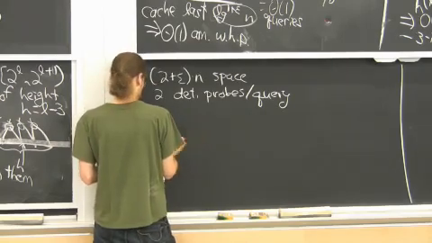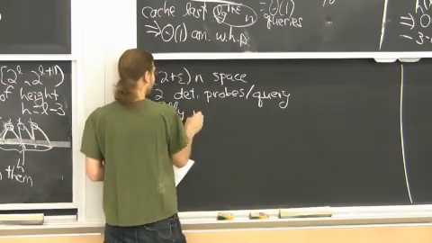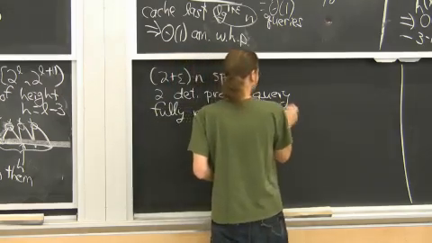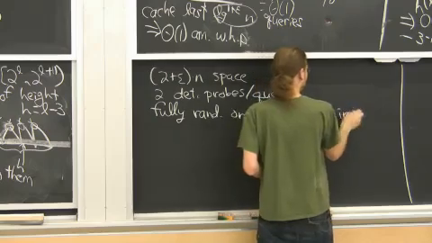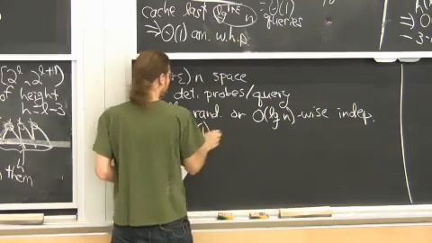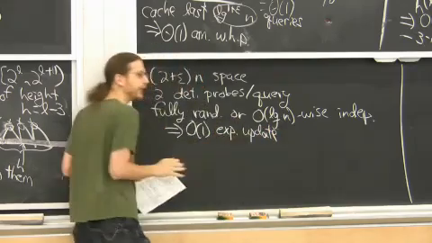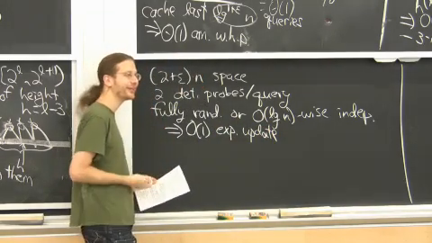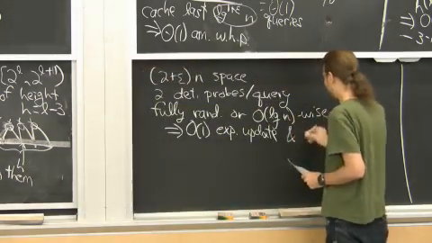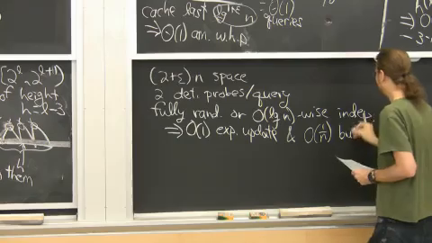It's all right. Now we get to what about updates? So if it's fully random or log n-wise independent, then you get constant expected update, which is what we want, even with the rebuilding cost. So you'll have to rebuild about every n squared insertions you do. The way they say this is there's a 1 over n build failure probability.